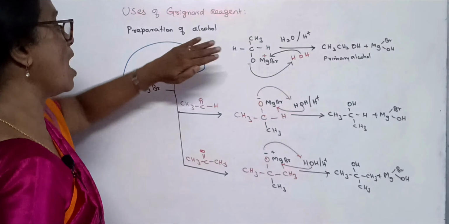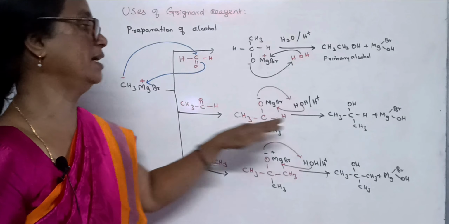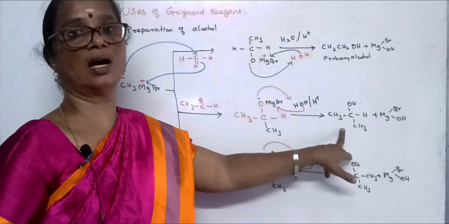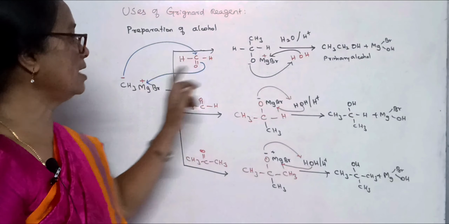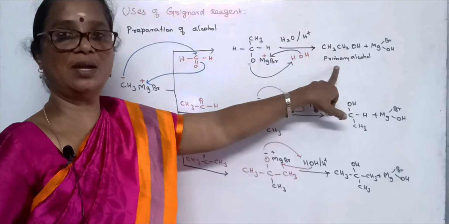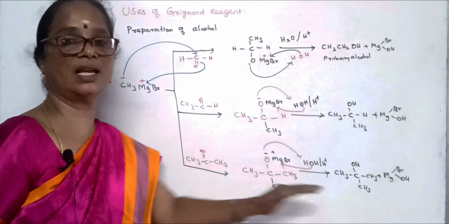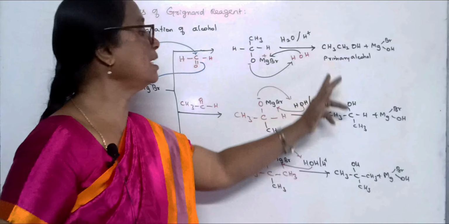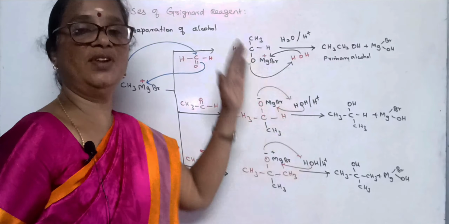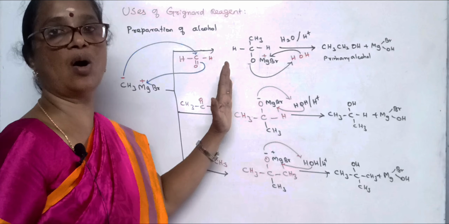Other than formaldehyde, all the rest of the aldehydes will give secondary alcohol. But formaldehyde alone with the Grignard reagent is able to form primary alcohol, but the ketones always give tertiary alcohol.